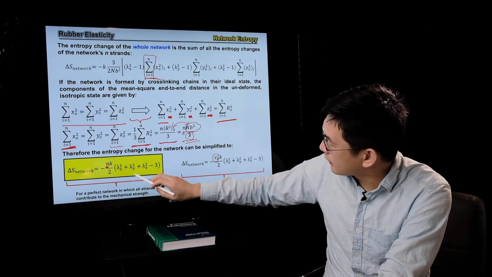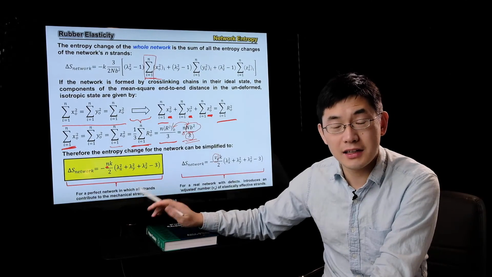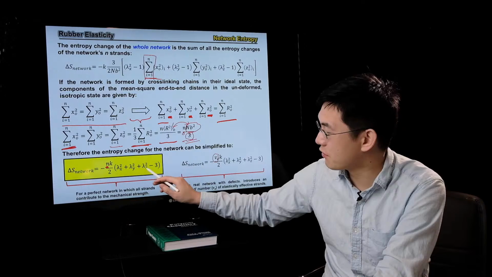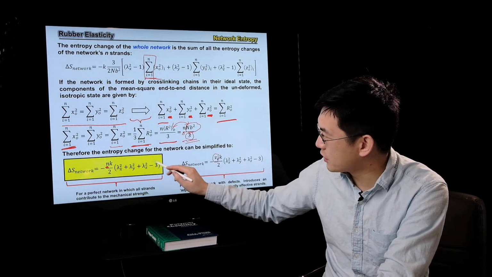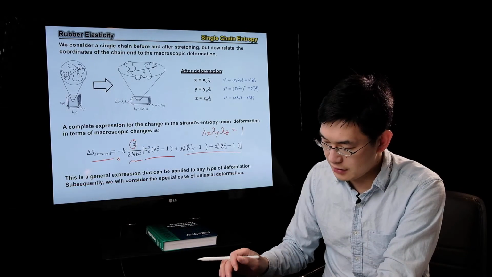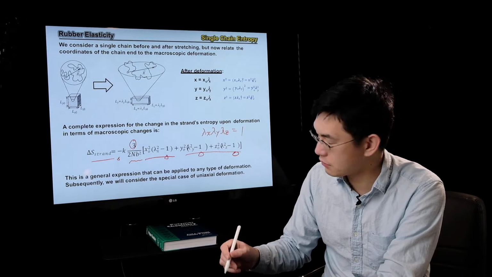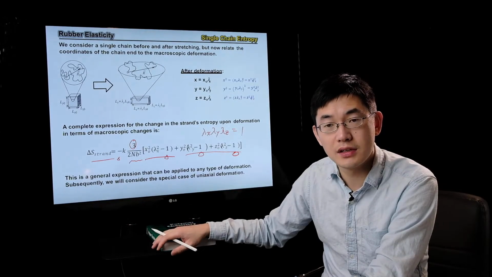Everybody knows what lambda x, lambda y, lambda z squared are, right? That's just the deformation in three different directions. And minus 3, where does 3 come from? We need to have a lambda 0. So if you add those minus 1, minus 1, minus 1, that's where the minus 3 is. Okay?